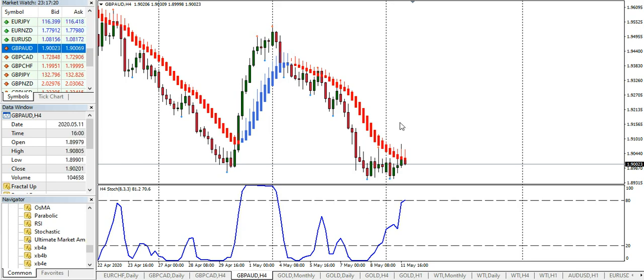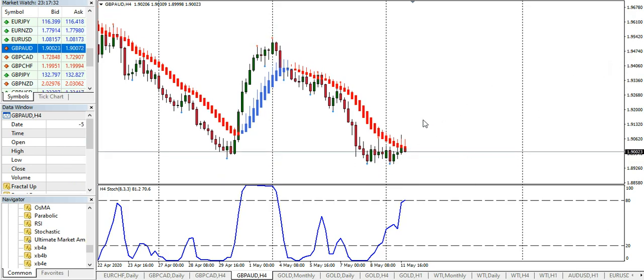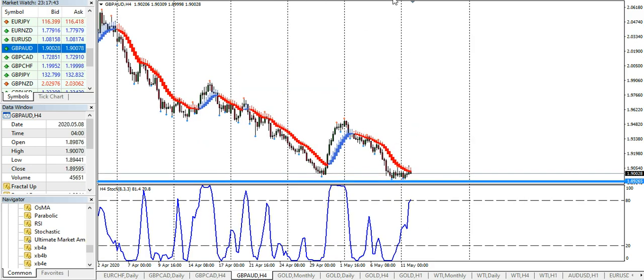I am going to buy this market until I get stopped out. If it turns blue, I'm going to place my stop down here below these lows, and then I'm going to buy the market.